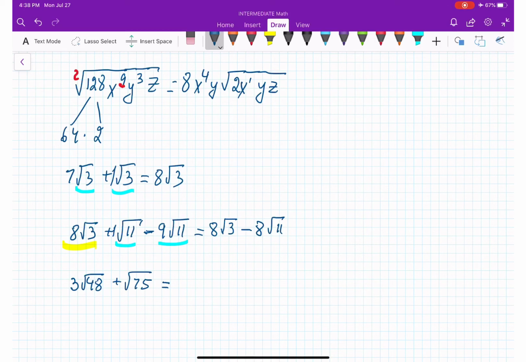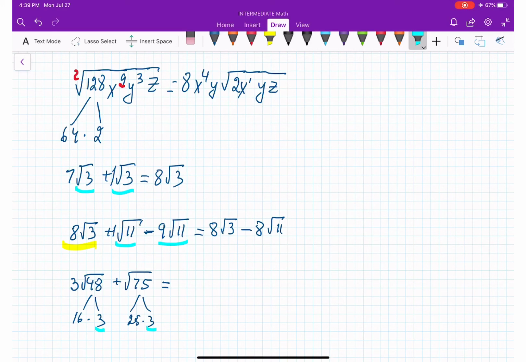First of all, 48 and 75, we are going to see if we can partially take out. So 48, I'm breaking down as 16 and 3. 75, I'm breaking down as 25 and 3. Look what is interesting, both of them end up with square root 3, right? Which means we can add them up.